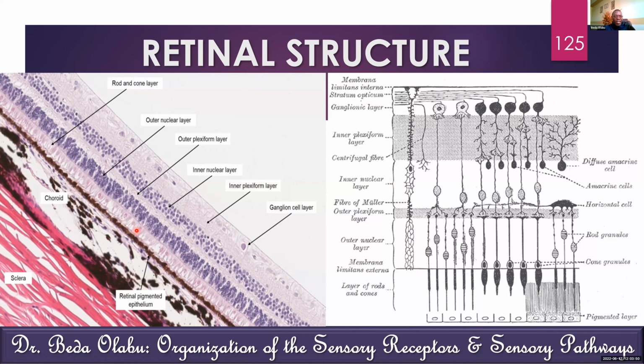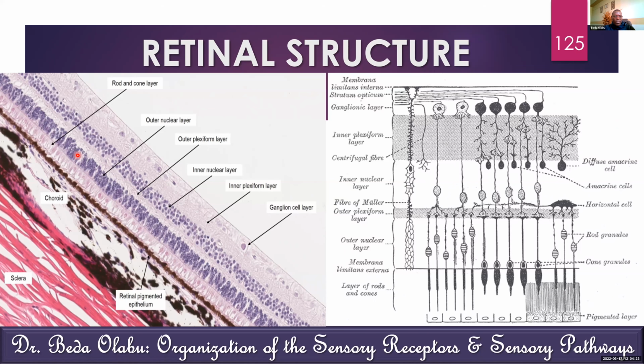So this layer here is called the layer of rods and cones. You can call it the photoreceptor layer. The photoreceptor layer, or otherwise called the layer of rods and cones, contains cell processes of rods and cones. I'll skip layer 3 for a moment, and I'll take you to layer 4.